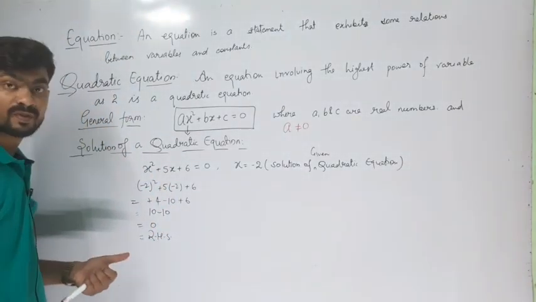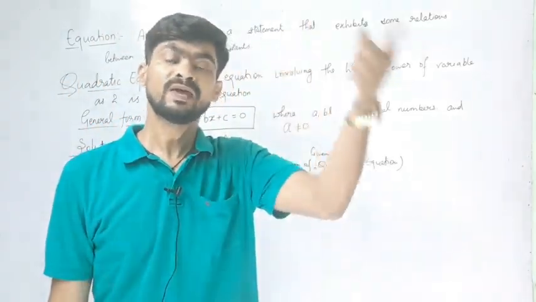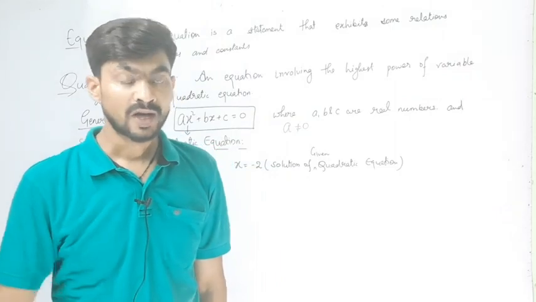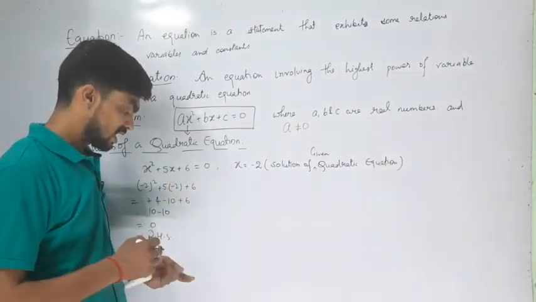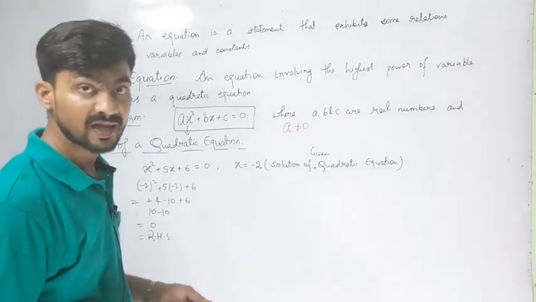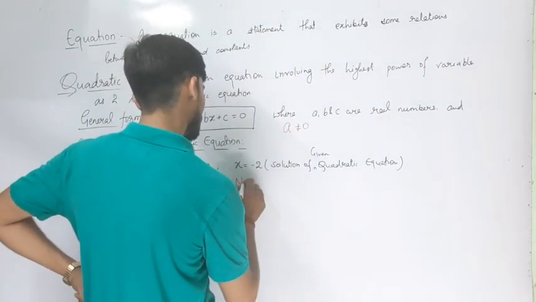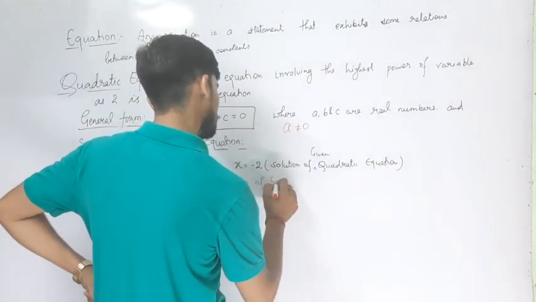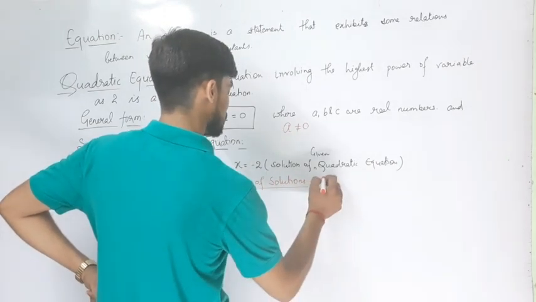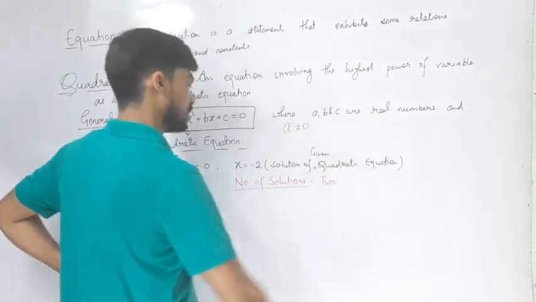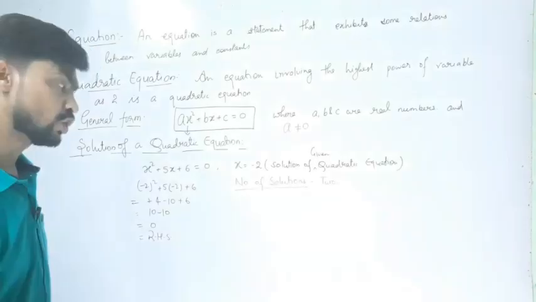It means we shall get certain real numbers which make the equation 0, and those values will be called solutions of a quadratic equation. A quadratic equation can have at most 2 zeros. So, the number of solutions: only two values it can have as solution.